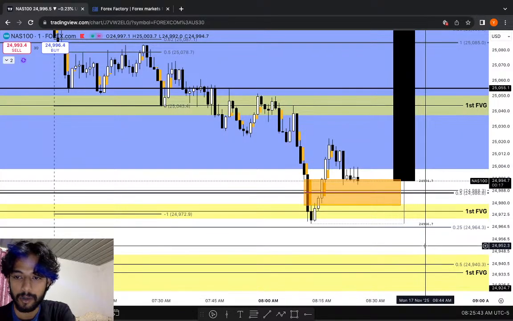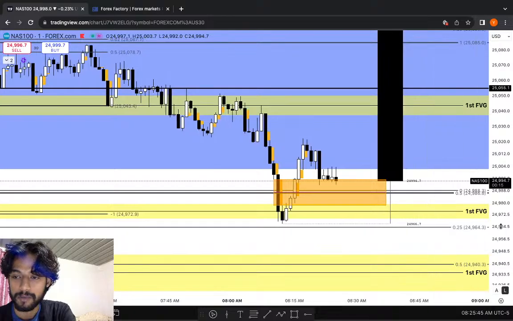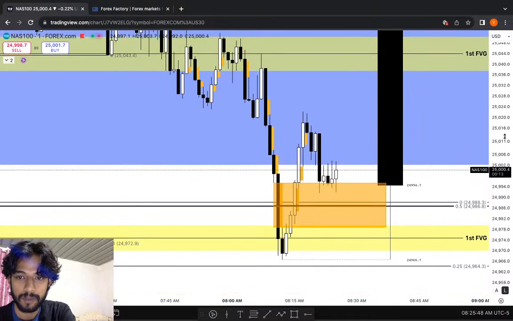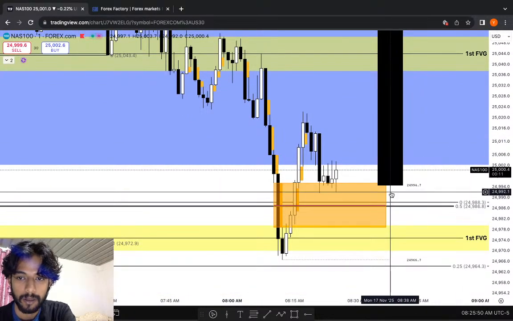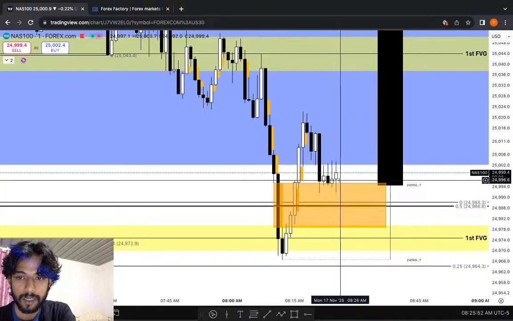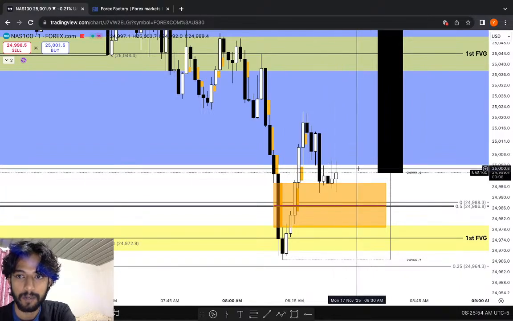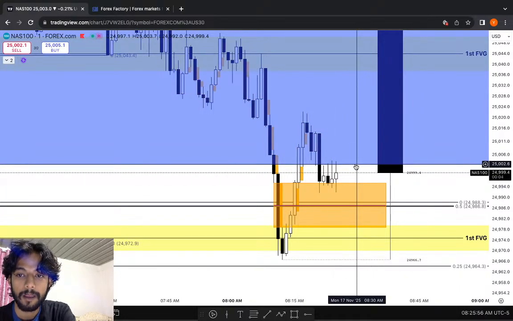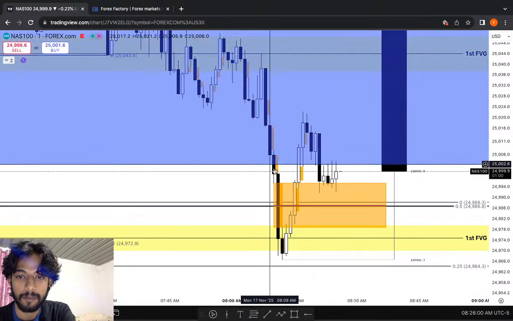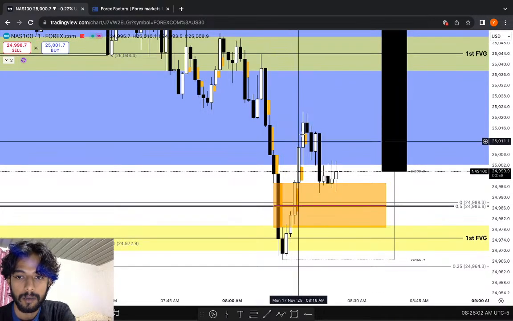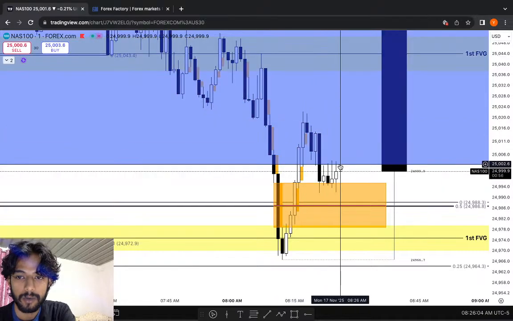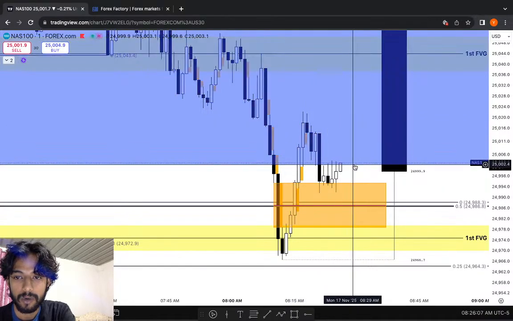I'm just looking and observing the price right now, how it is behaving and what it is doing. Currently the bodies of the candle are still staying above it, but this is the weekly buy side imbalance, sell side inefficiency. Price broke the low of it, moved up again, trying to dilly dally around that low of that weekly buy side imbalance, sell side inefficiency.